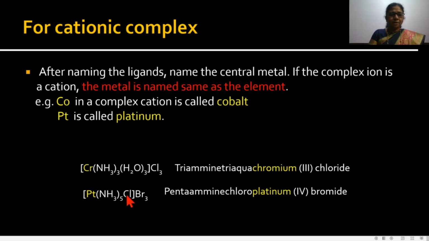Then first alphabetically. Therefore the name of this compound is pentaamminechloroplatinum, as it is because it is a cationic complex. Then oxidation number 4 and bromide. In this way we give the name for cationic complexes.